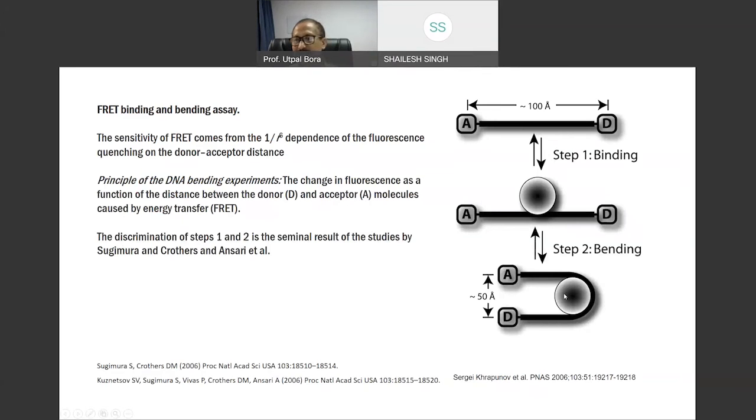And then if a protein binds to a particular portion of this probe, the acceptor and donor will come closer to each other, as you can see in this figure on the left side below. And due to this, the energy transfer would occur, and we can detect it very easily. So we take advantage of this phenomenon to study the bending of DNA due to protein binding.